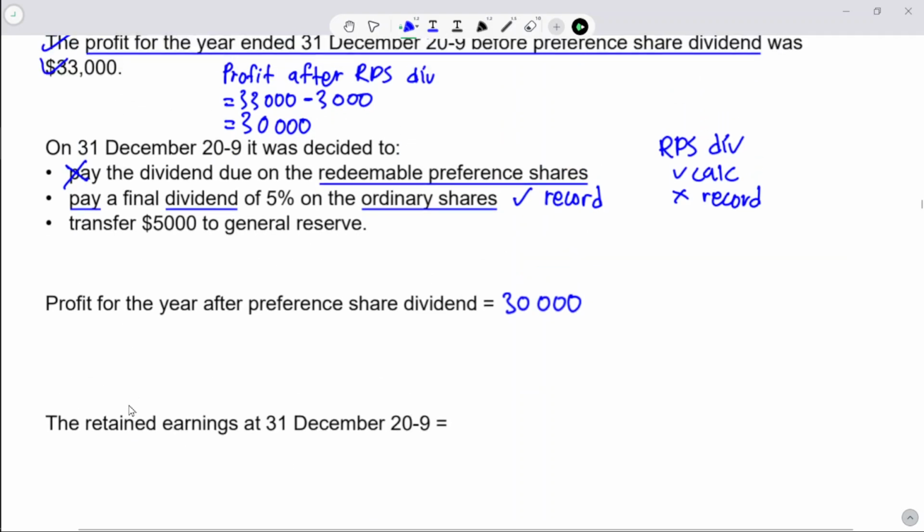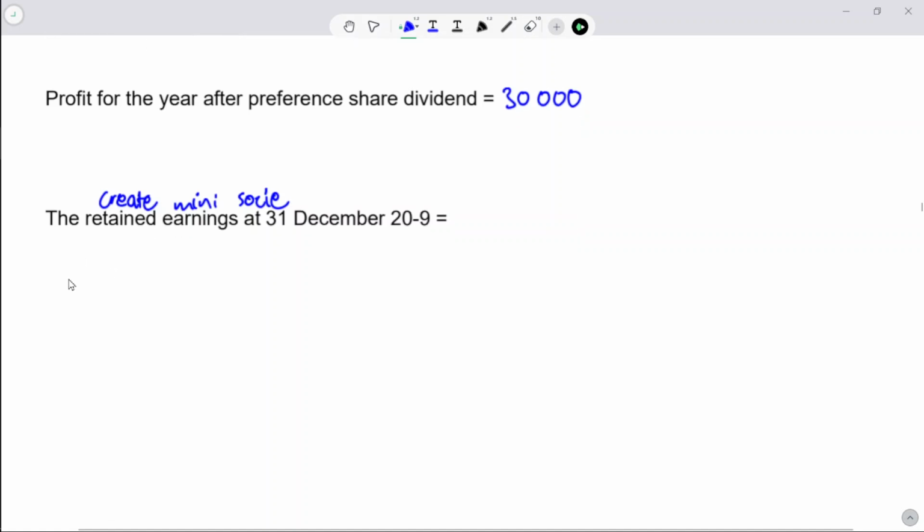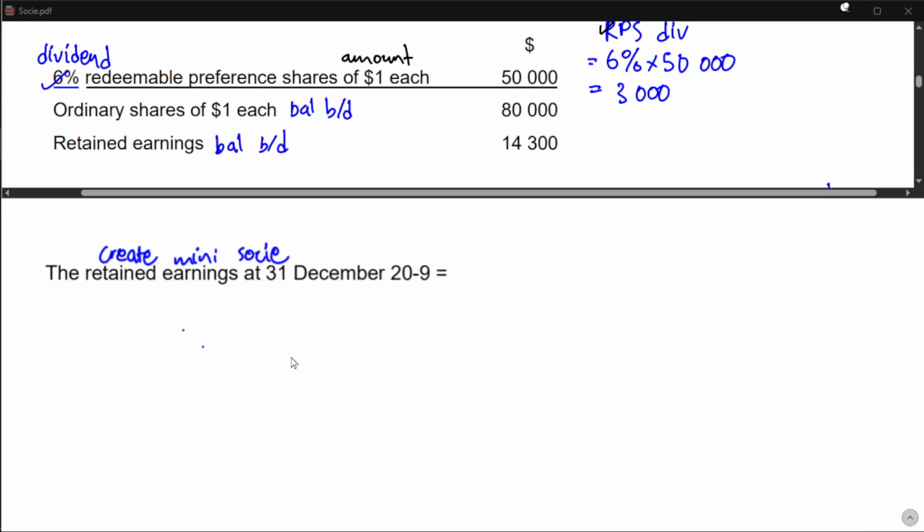So in this case, you need to create, I will say, a mini SOCIE. Okay, let's create the format now. So what he wants us to do is focus on the retained earning. I put RE, short for retained earning.